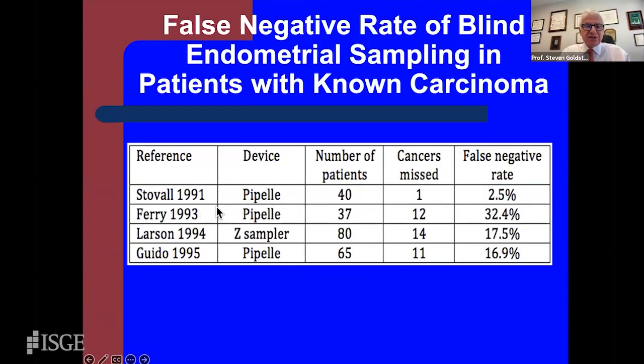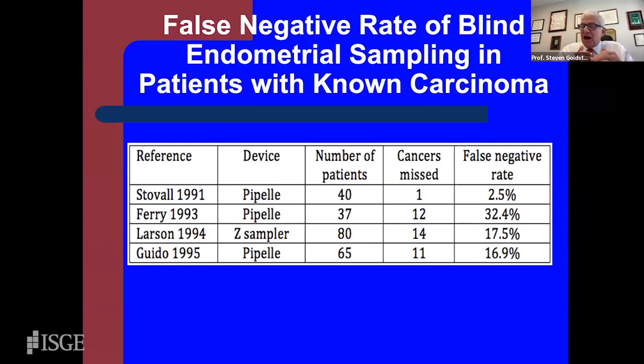This is very interesting. In the States in 1991, this guy, Tom Stovall, took 40 women with known carcinoma, brought them to the clinic 1 week before their hysterectomy. He did blind endometrial sampling, actually using a Pipelle device. He got cancer in 39 out of 40. Hence, he said it was 97.5% accurate.